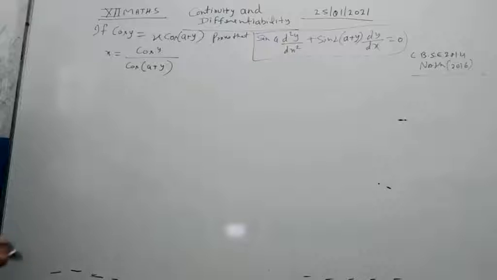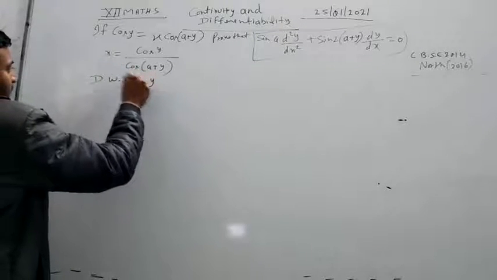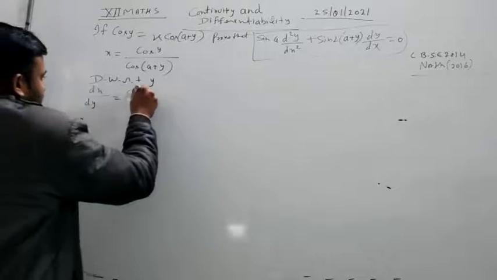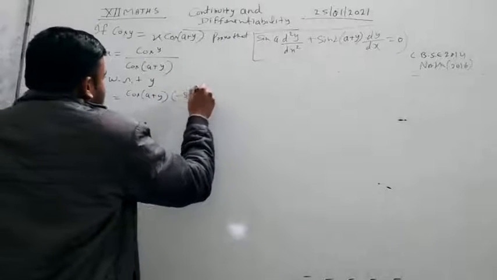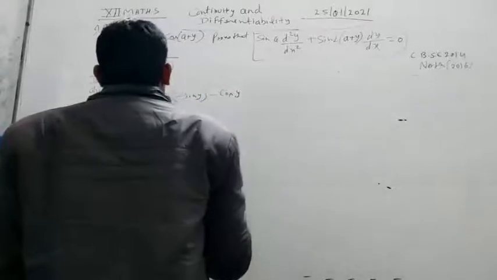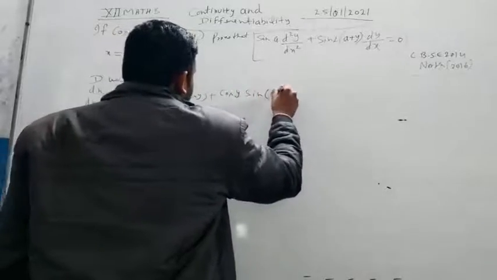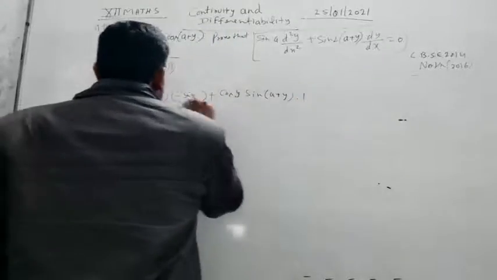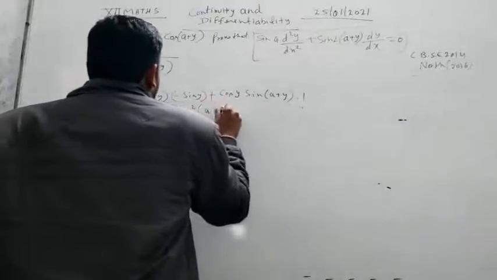Now we differentiate this with respect to y, so we write dx by dy: d differentiation of n minus n differentiation of d, so this is sin(a plus y) into 1 and divided by d whole square.